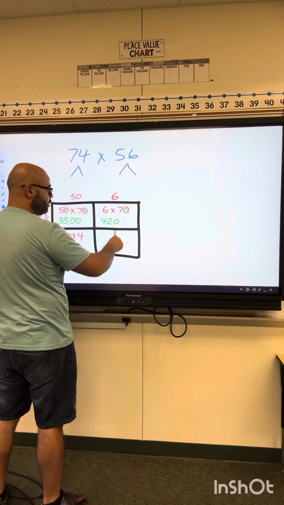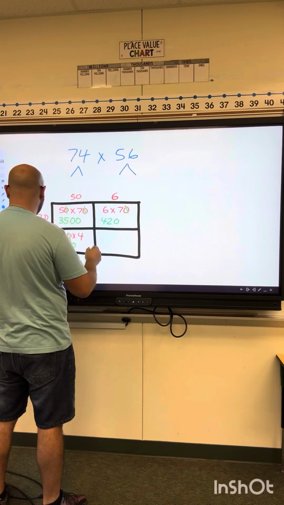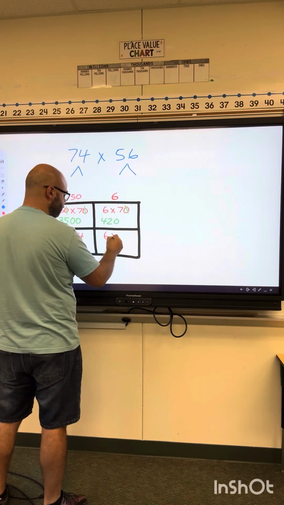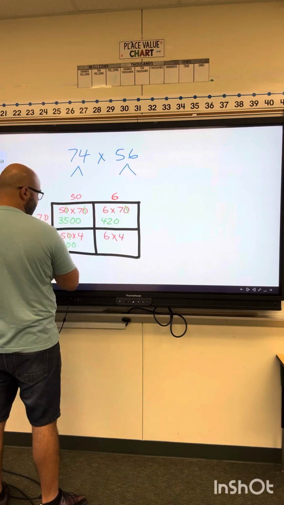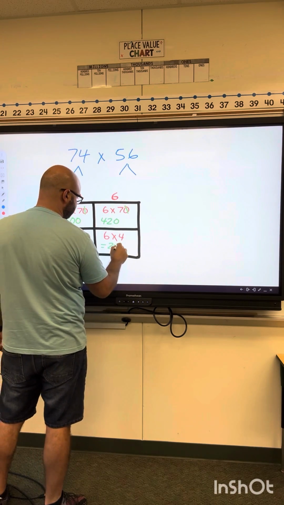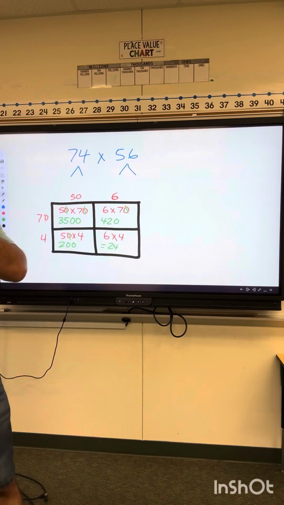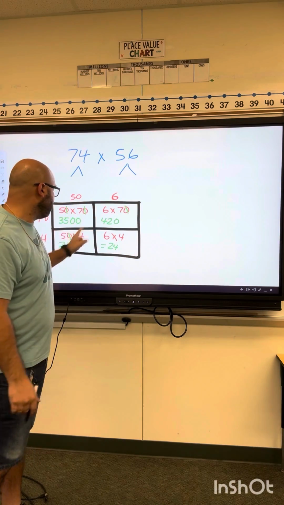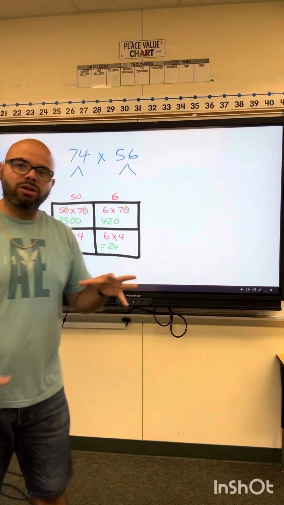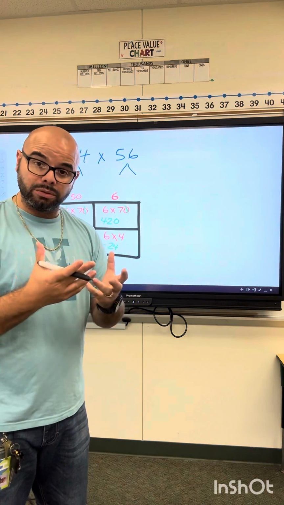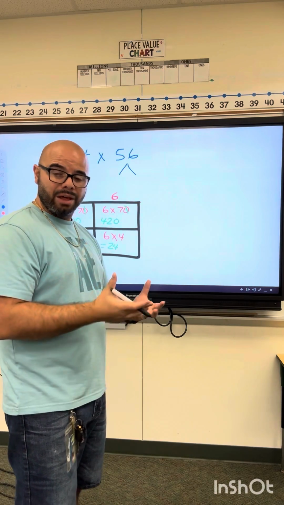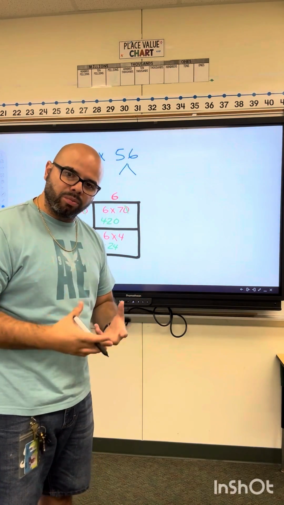Now I'm in this box, up and down, touching 6, side by side, touching 4. Okay, this is 24. Now I figured out all my partial products. These in green are called my partial products because they're part of my full answer. Once I put all those partial products together, then I could get my full product on the bottom.